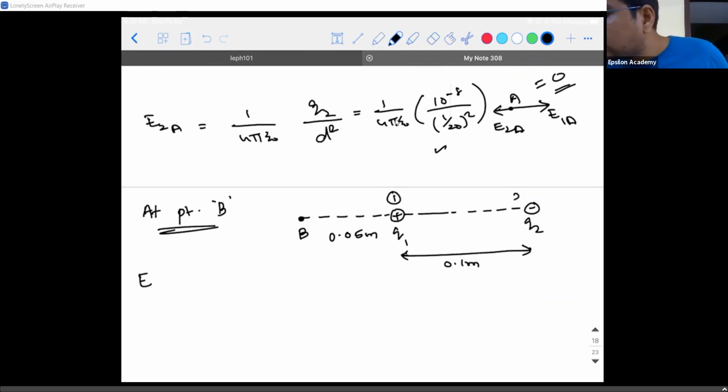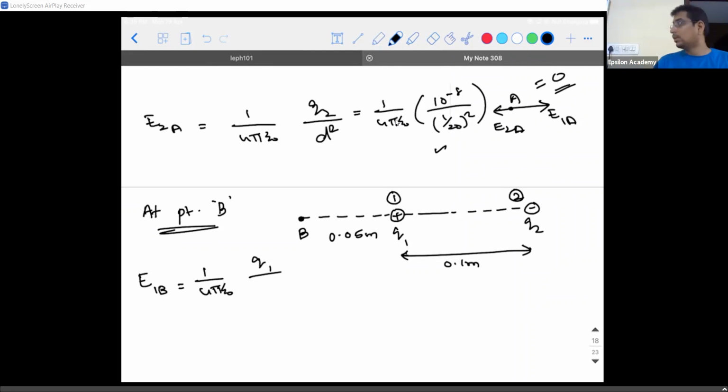So first, the electric field due to the first charge at point B is given as how much? 1 by 4 pi epsilon naught Q1 over D square, where D is the distance from the charge Q1 to the point B. That is 1 by 20 the whole square.